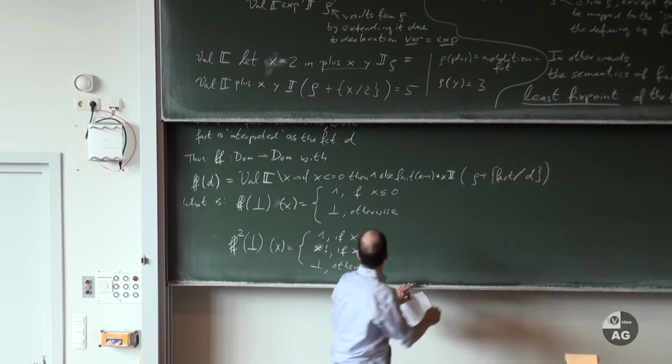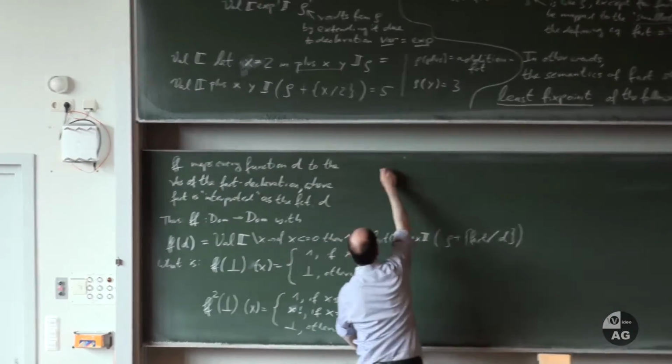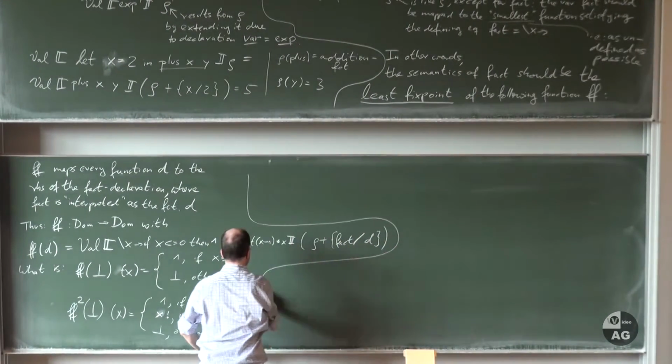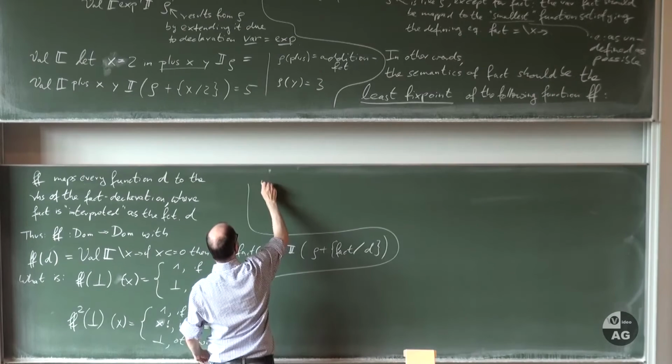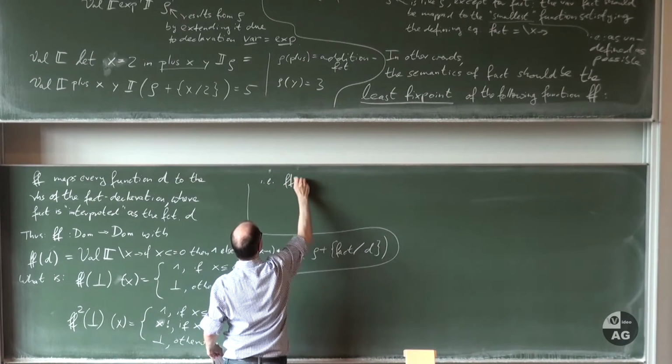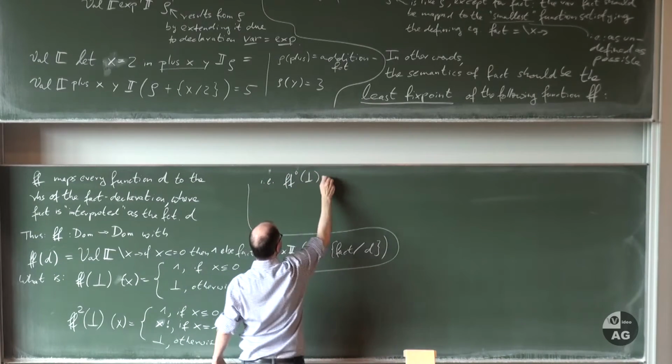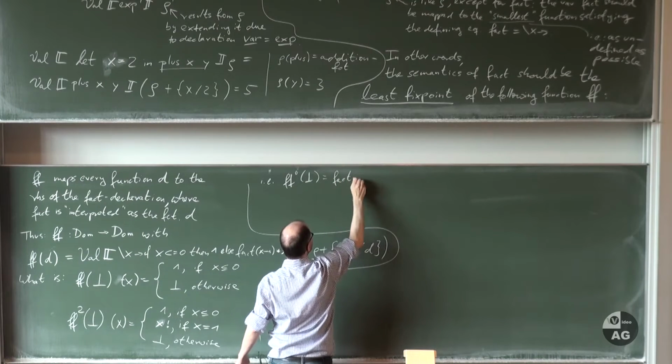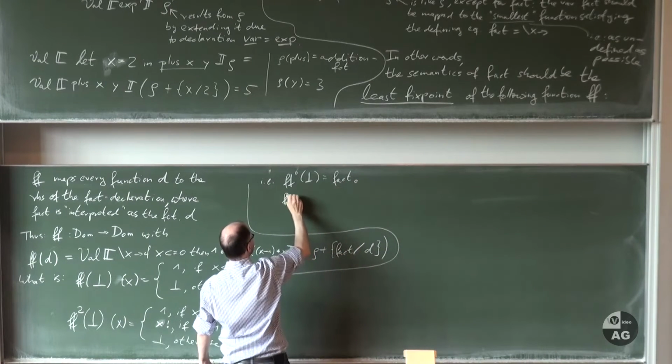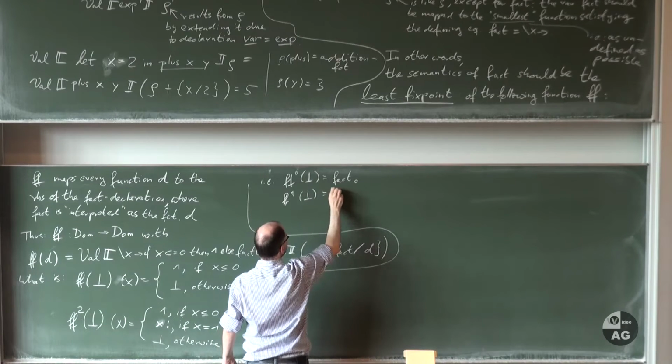So, in other words, ff applied 0 times to bottom is the function fact 0 that we had earlier, and ff applied 1 time to bottom is the function fact 1, and so on.